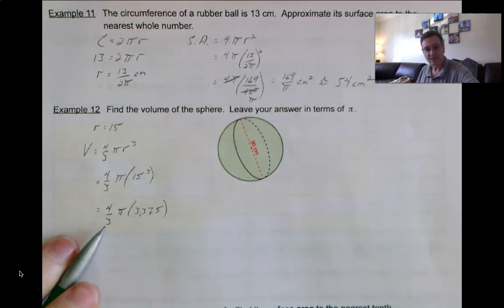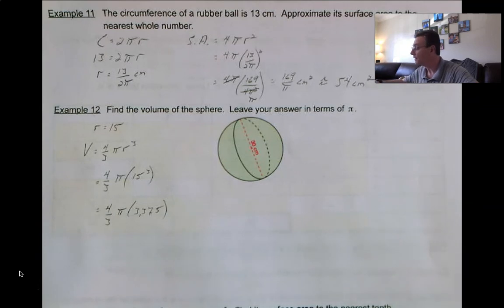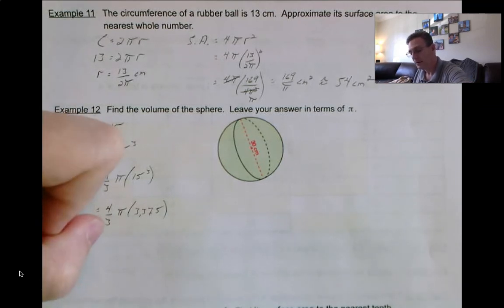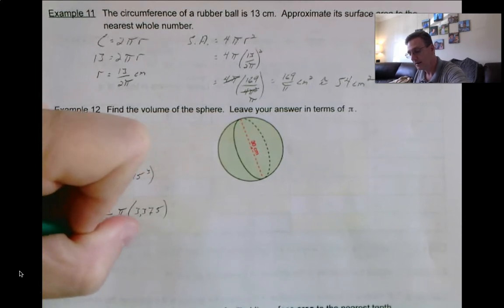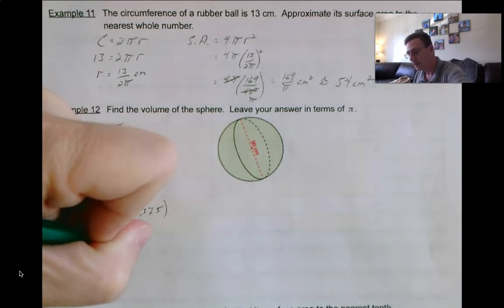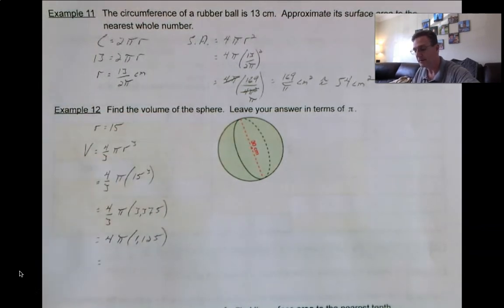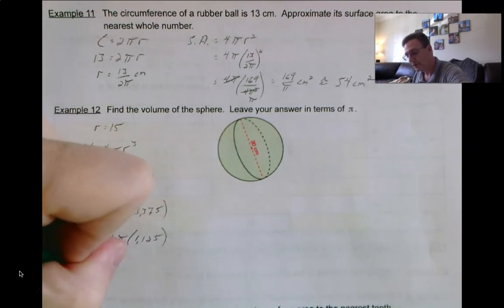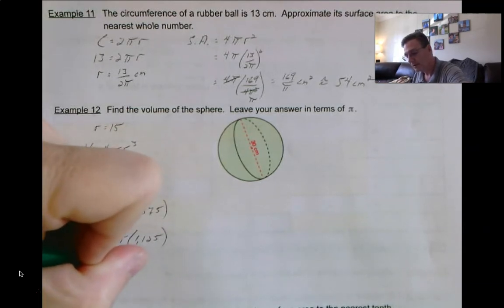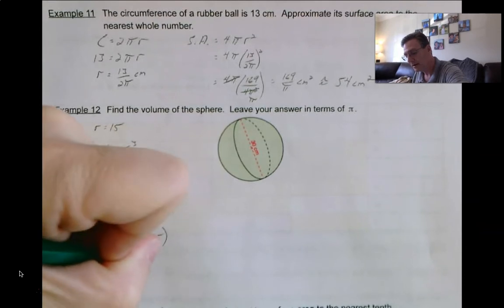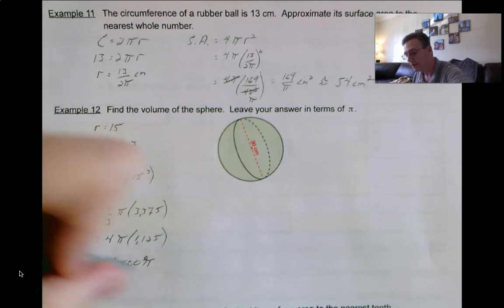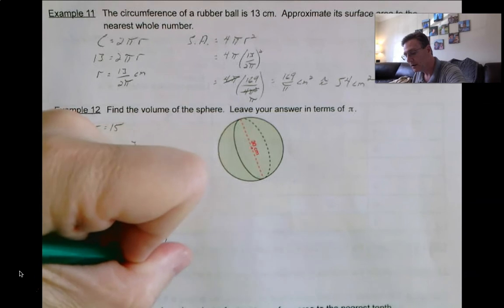I know this divides evenly by 3 because 15 divides by 3. So 4 pi times 1,125, and multiply that times 4. 4,500 pi, and this is centimeters cubed.